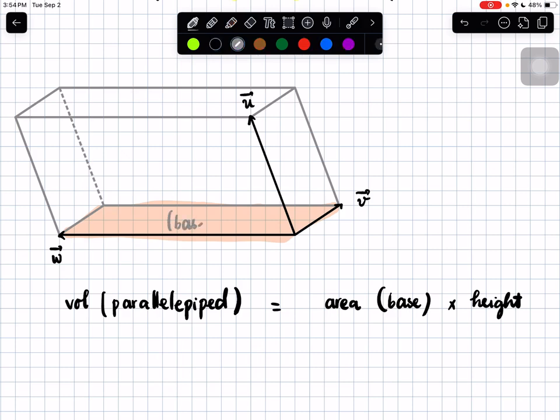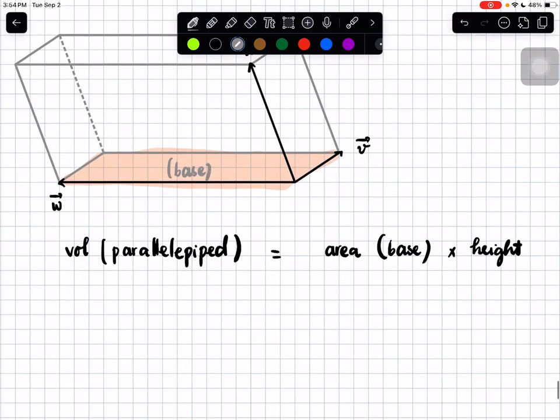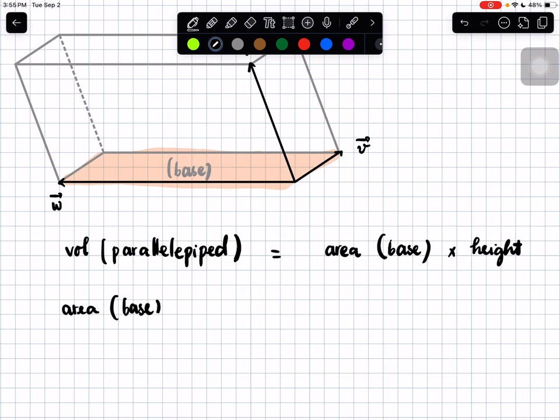So the area of the base, we know how to compute that by cross product. Area of the base is the length of the cross product v cross w. Okay, that's the first thing.